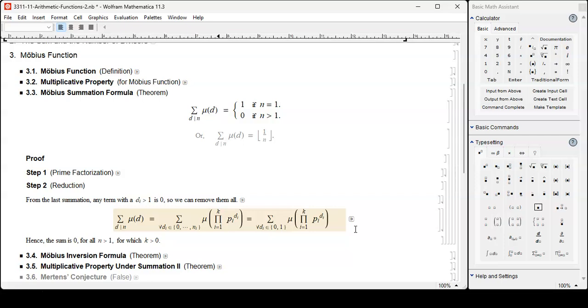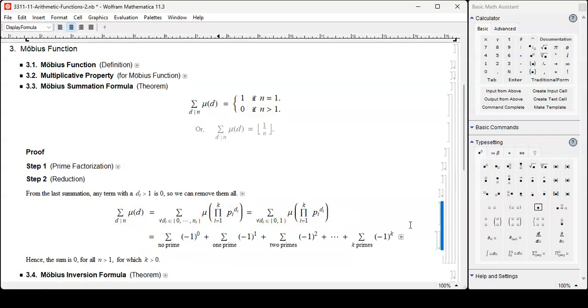Well, in that case, -1 to the first power, and one of those k primes is non-trivial and everything else is 0. What if we have, say, 5 prime factors? Out of k prime factors, there can be any 5 prime factors with power 1 and the others all zeros. And then all the way up to all k of them.